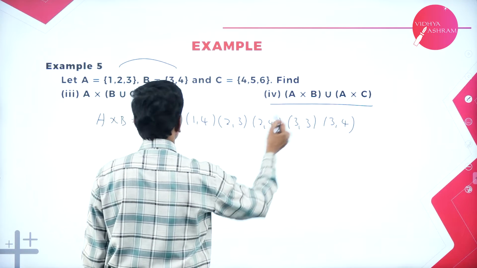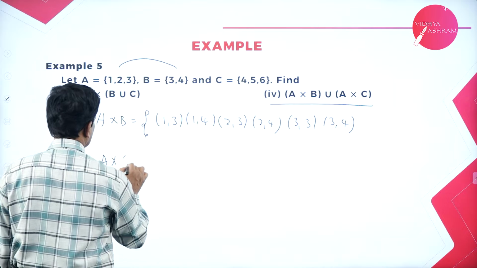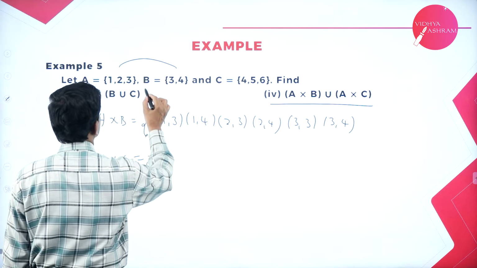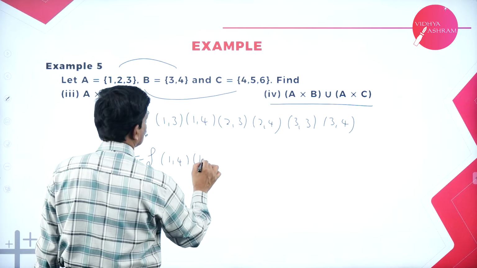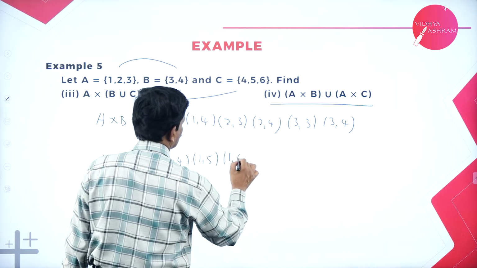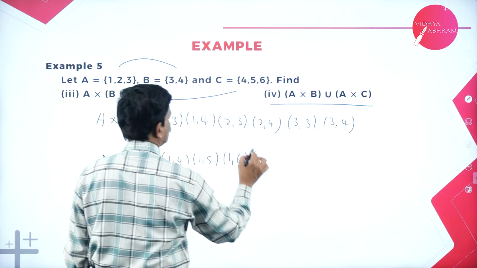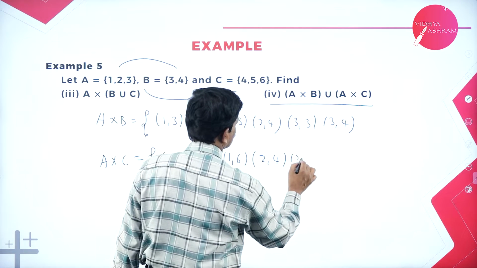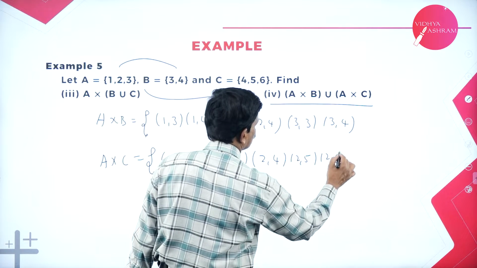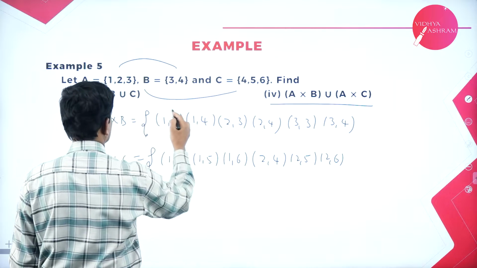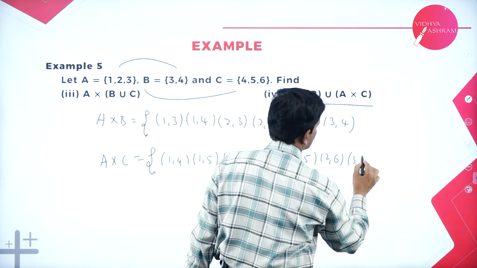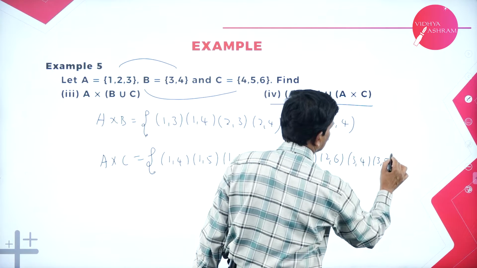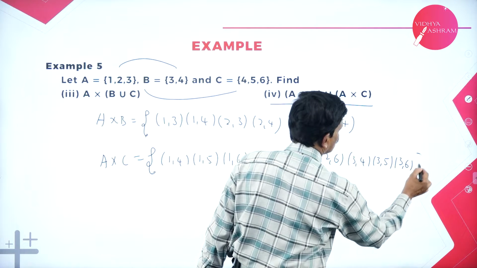Okay, find out A cross C. A cross C is equal to A and C. That is (1, 4), (1, 5), (1, 6). Again, (2, 4), (2, 5), (2, 6). Again, (3, 4), (3, 5), (3, 6).